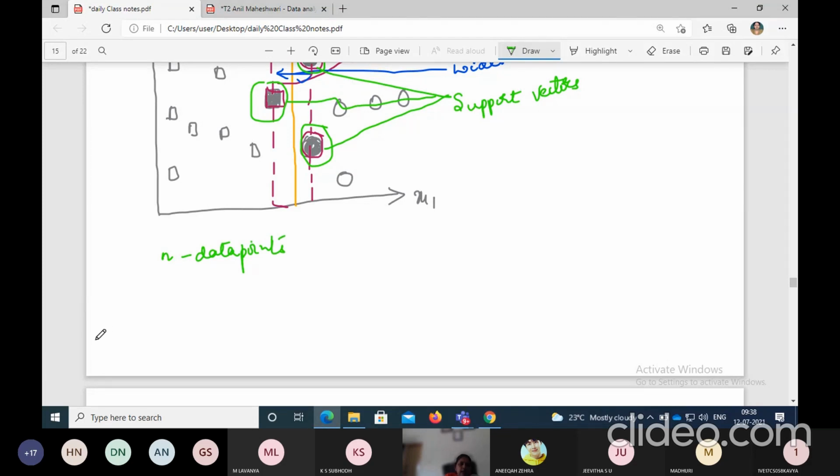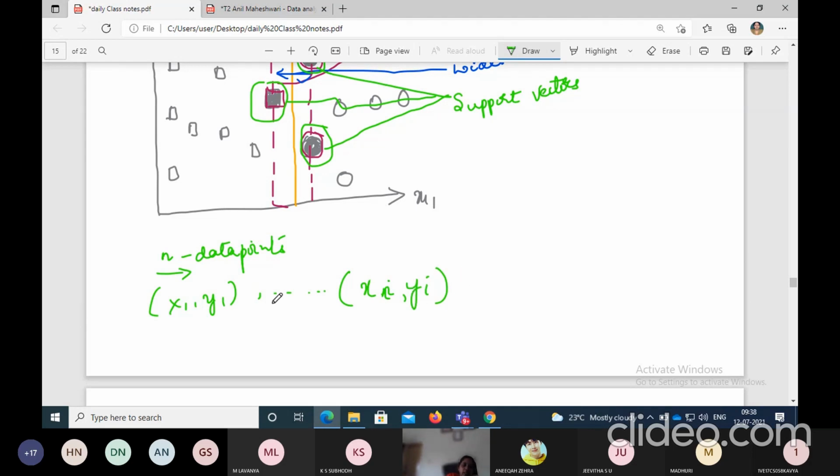When I say that two classes need to be considered always in a support vector machine, we take (X1, Y1), (X2, Y2), (X3, Y3), (X4, Y4), up to (Xn, Yn), or (Xi, Yi) for all i ranging between 1 to n.